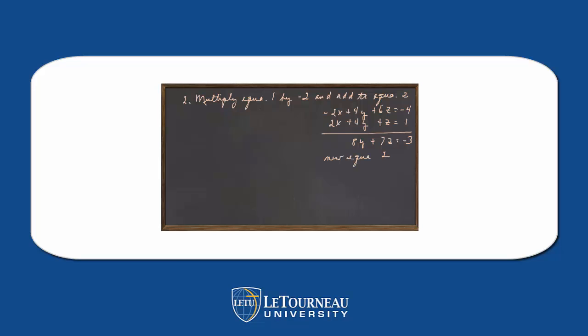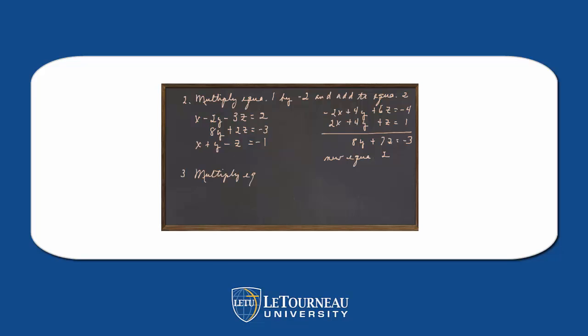This is our new equation 2. So we'll go back over and write down what we have. x minus 2y minus 3z equals 2, 8y plus 2z equals minus 3, and x plus y minus z equals minus 1.